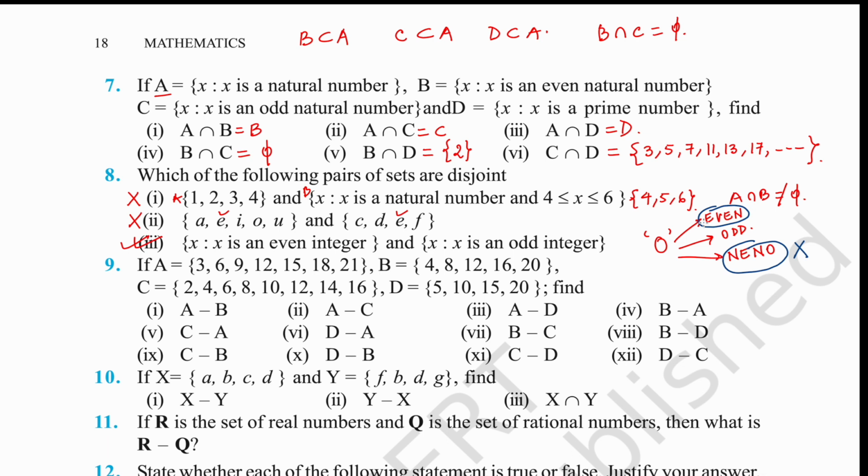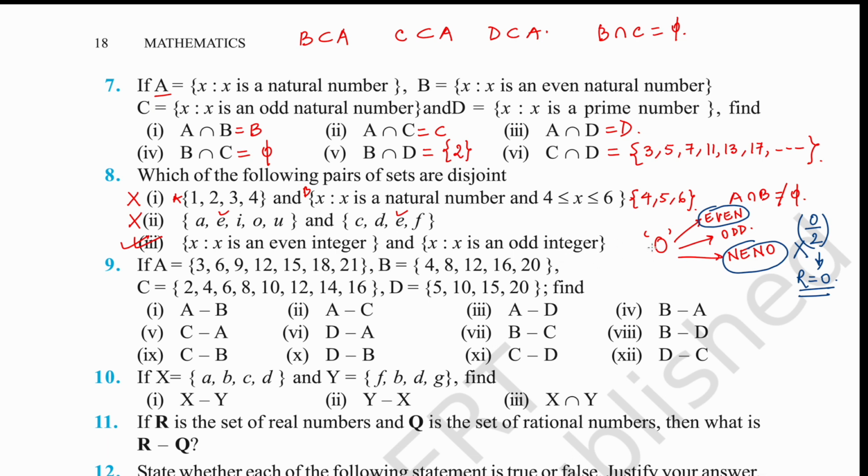An even number is any number which when divided by 2 gives a remainder 0, right? That is an even number. So if you have 0, and if you divide it by 2, the remainder is always going to be 0, right? So this basically satisfies the definition of even numbers.